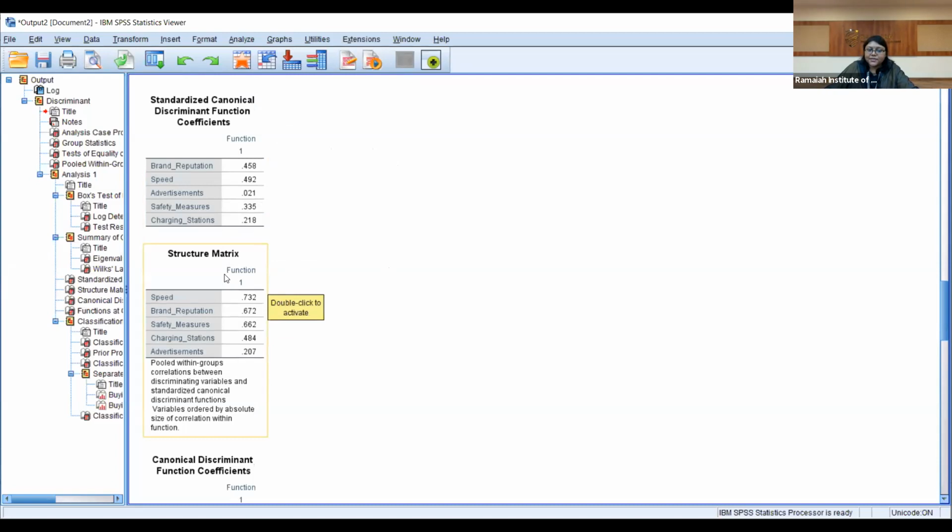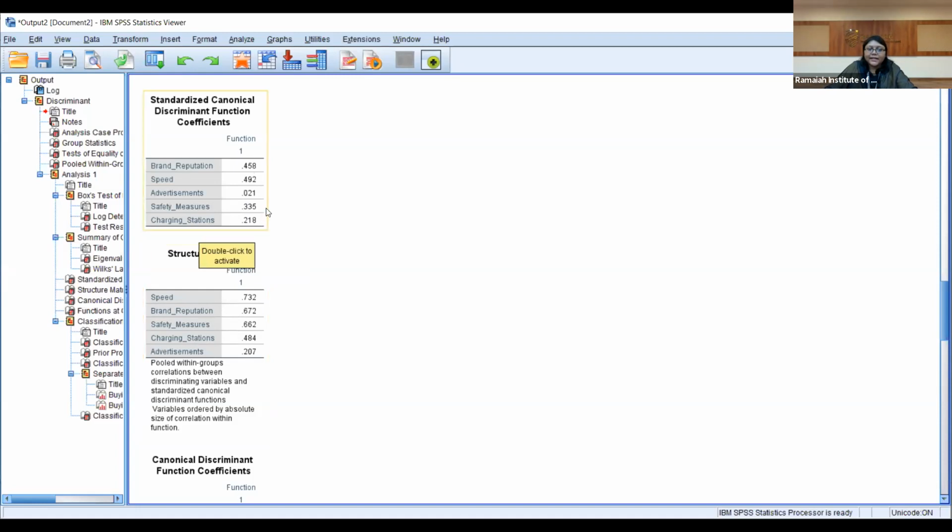When we consider the structure matrix, it puts you in the order of absolute size of the correlation. That means based on the decreasing correlation, because the highest point here is 0.492, and here the speed is 0.732.